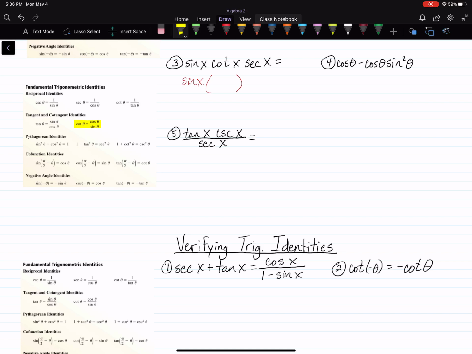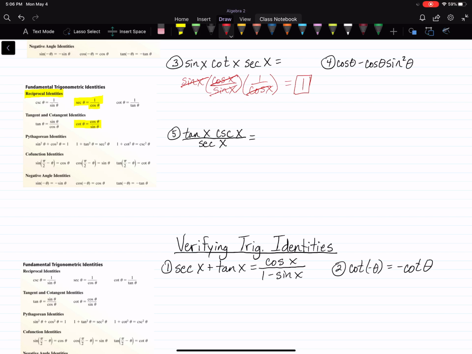We can change that to cosine x over sine x. And for secant x, we can use the reciprocal identities: secant is equal to 1 over cosine, so I'm going to change that to 1 over cosine x. Now that we have everything in sine and cosine, things cancel. The sines cancel, the cosines cancel, and we're left with 1.